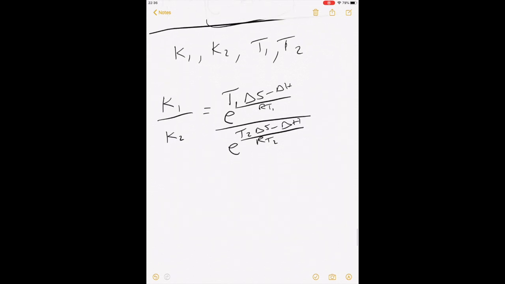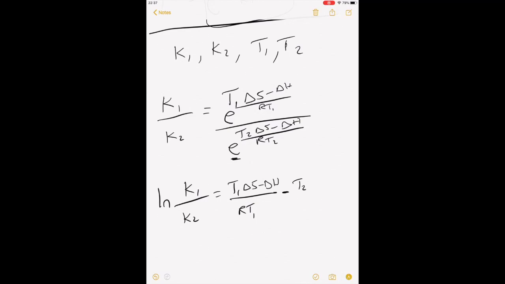Now if I want to simplify this, whenever you see this, that means then it's a natural log. So ln k1 over k2, that means I can get rid of the e, so that means T1 delta S minus delta H over RT1, and then when you have a division, that will be minus. Let's remember the rules of logs.